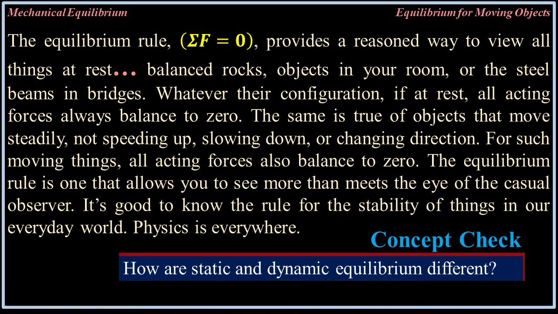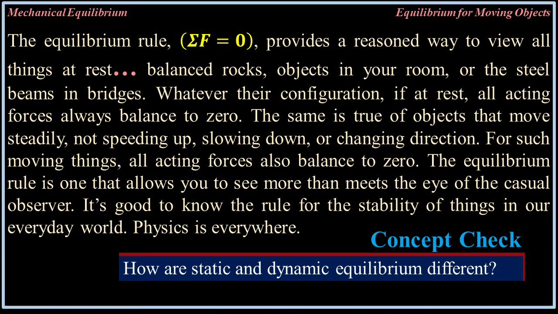The equilibrium rule, sigma F equals 0, provides a reasoned way to view all things at rest: balanced rocks, objects in your room, or the steel beams in bridges. Whatever their configuration, if at rest, all acting forces always balance to 0. The same is true of objects that move steadily, not speeding up, slowing down, or changing direction.